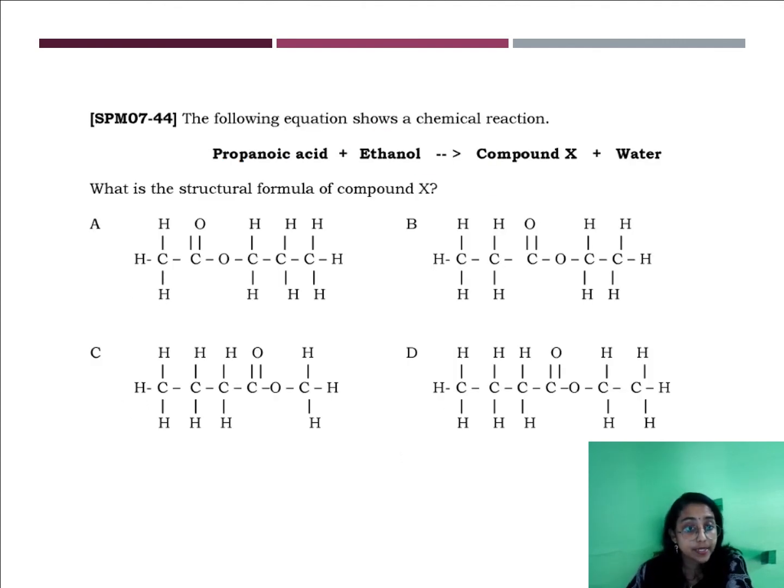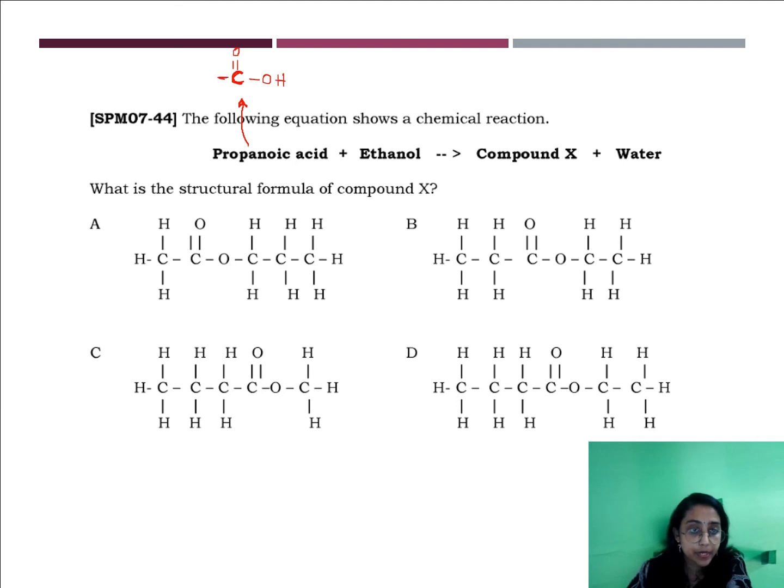Now let's look at this. They have given you the name, so now they want you to draw the structural formula. So if you are not good at straight away drawing the structural formula, my advice is you draw individual structural formula first. Propanoic acid, you start from the tail part for carboxylic acid, C double bond O, OH, that's the tail part, right?